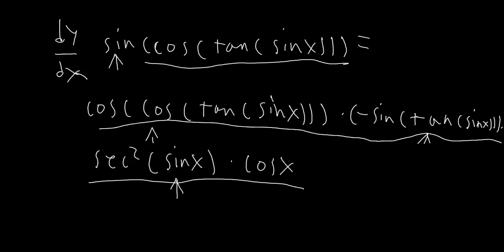You'll get your answer eventually. One could argue that you keep taking the derivative of the outside function values until you finally get to the inside function sine of x, but you could just treat everything as outside, inside, outside, inside. It's your preference.